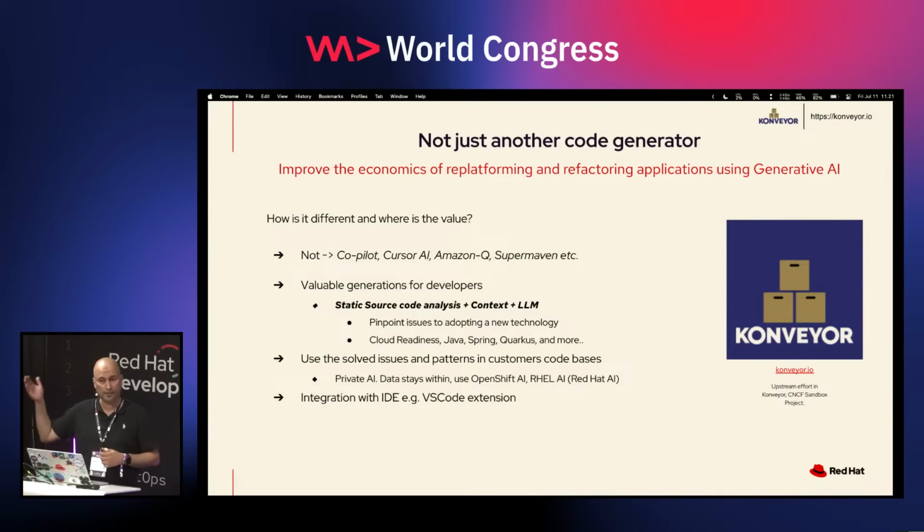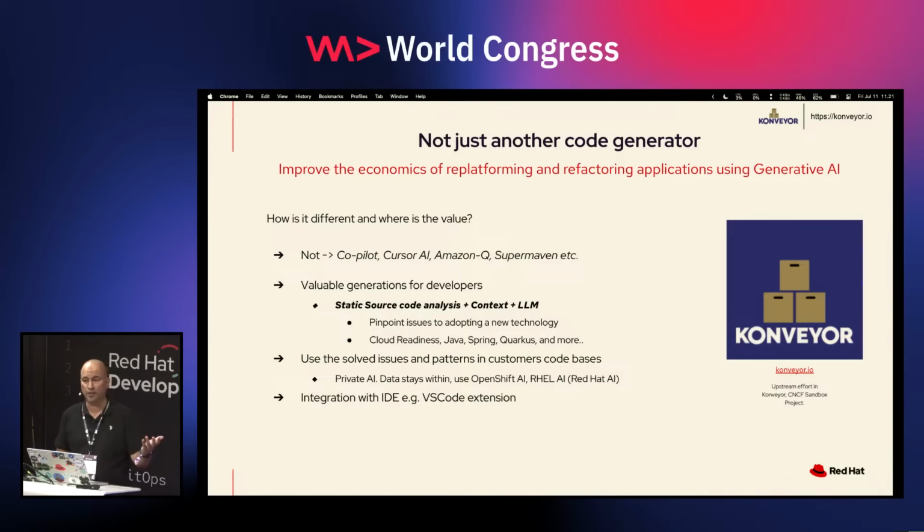As you saw in the demo also, it shows all the different details about how it's actually coming to the fix. So static source code analysis creates the context in a RAG and then uses the large language model, which means that you do not need to fine-tune your large language model or use a fine-tuned model to do this. It will automatically do it.